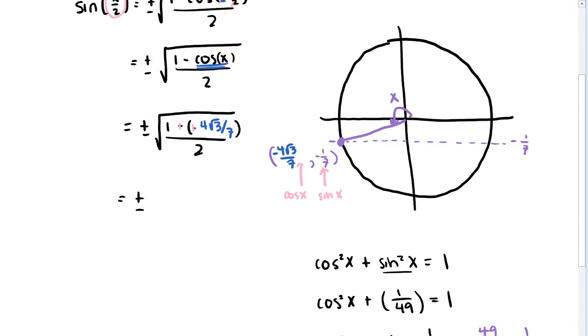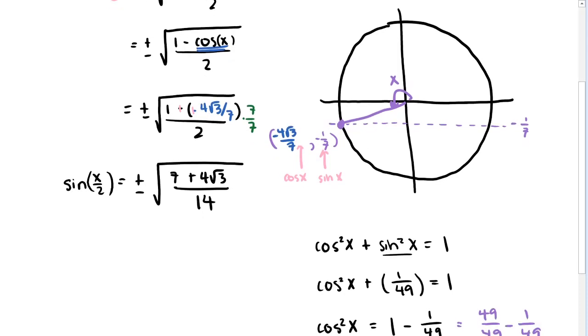And so this is plus or minus the square root of, one thing we can do here is multiply by 7 over 7 here to clear out that denominator in the numerator, right? Make this not a complex fraction. This is 7 plus 4 square root 3 over 14. This is sine of x over 2.